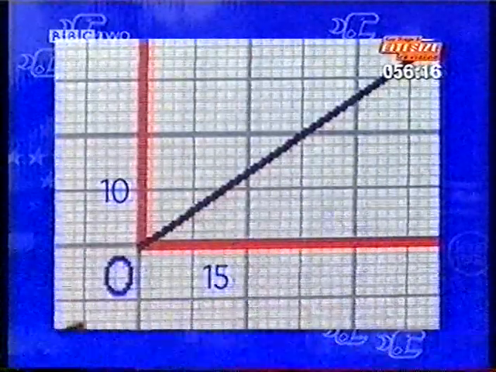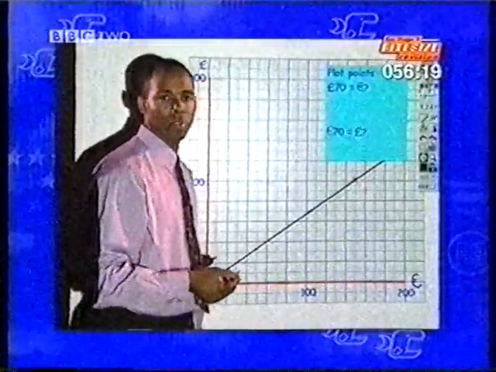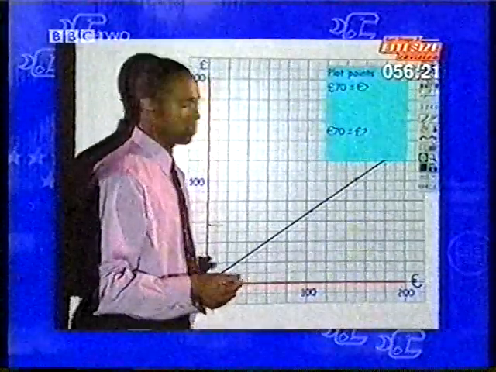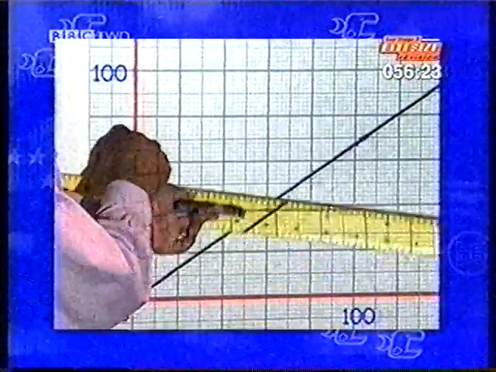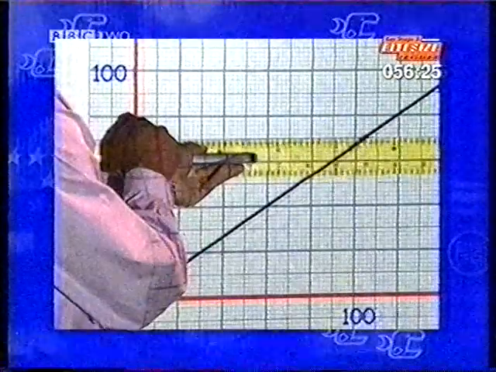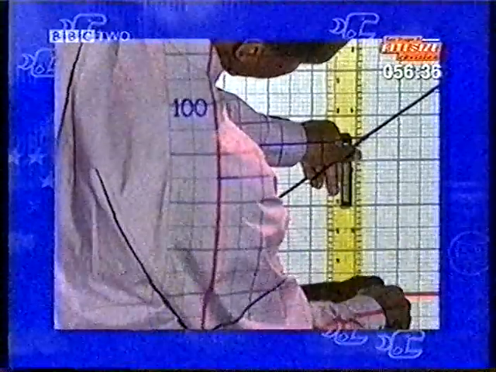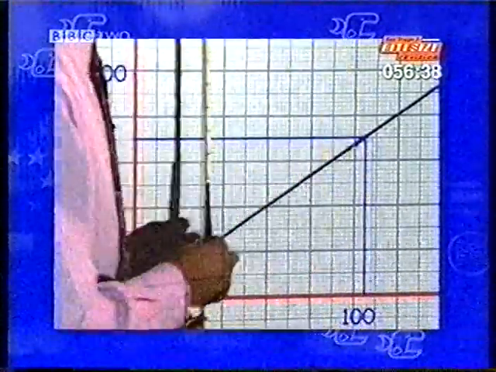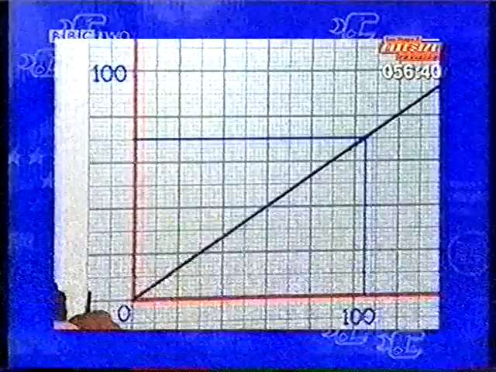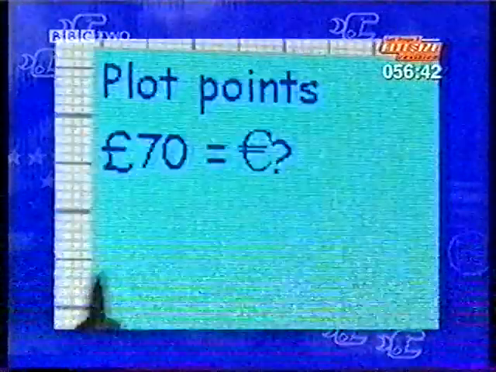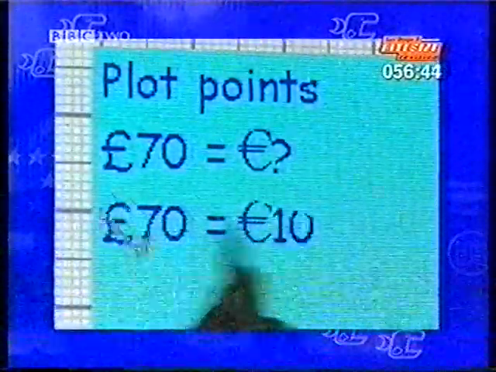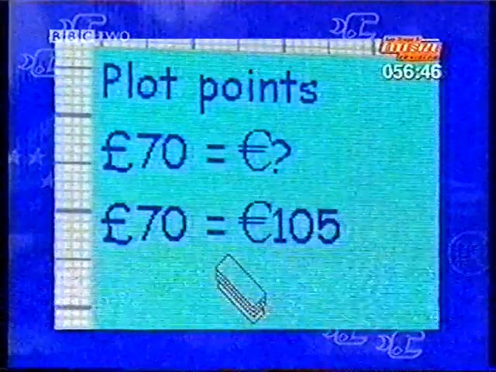We can use this graph to calculate how many euros we will get for £70. £70 is here, which gives us €105. £70 is 105 euros.